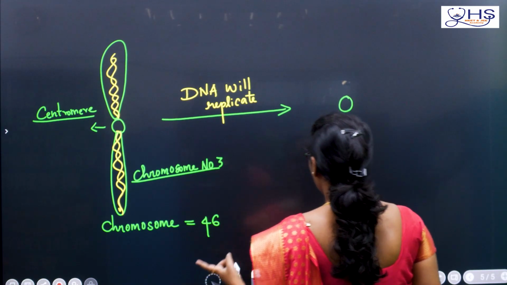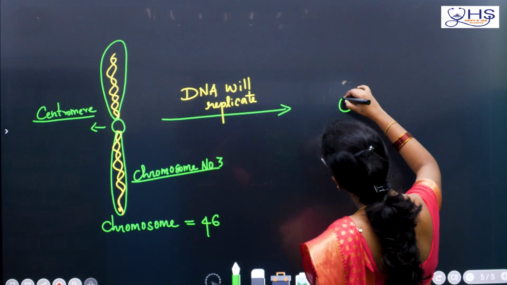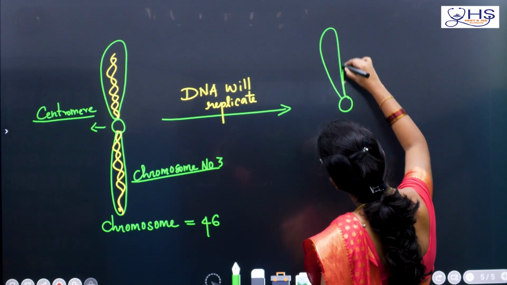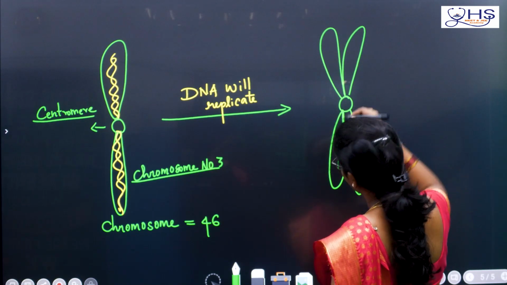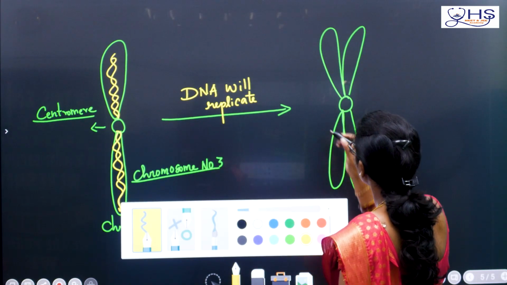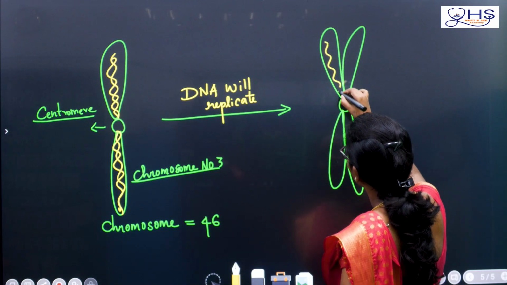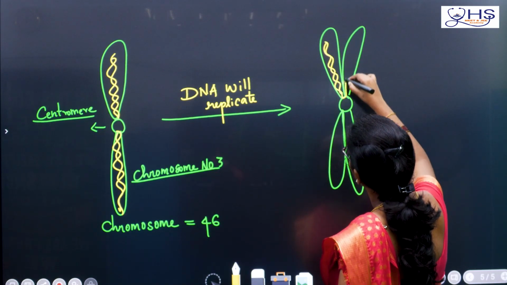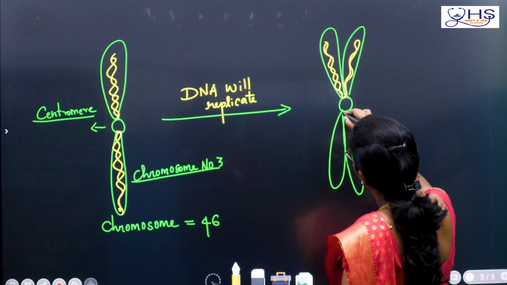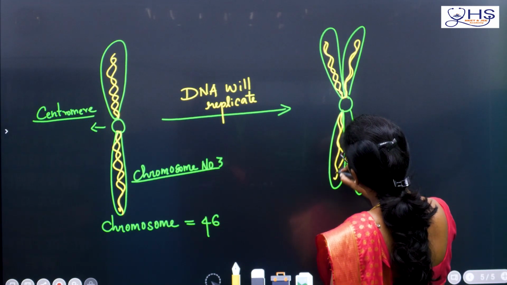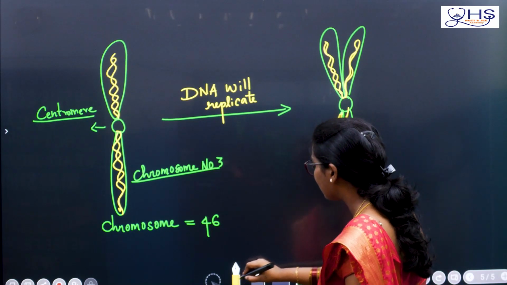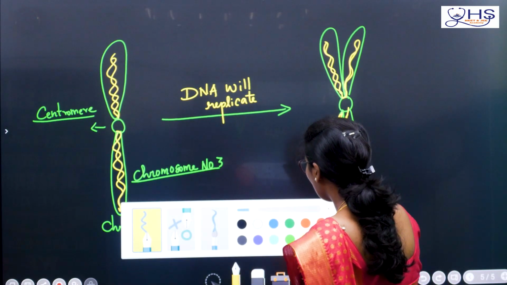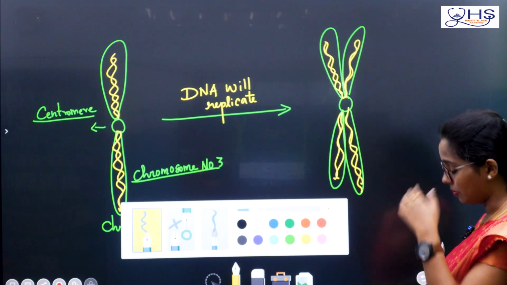The amount of DNA is going to get doubled. Like how? Like this. The yellow colored material which I am drawing here is the DNA. So, here you can clearly visualize that the amount of DNA gets doubled.